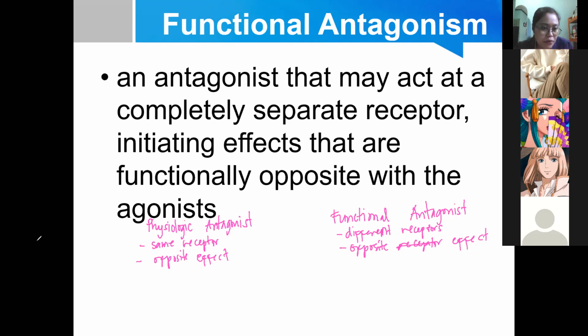Tagaan ta mog example. Unsay nagakos sa allergy class? Unsay substance sa body ang nagakos og allergy? Histamine. So, si histamine class, mo bind ni siya sa iyang receptor, syempre. Histamine receptor. And once si histamine mo bind sa iyang histamine receptor, mag-cause ni siya og allergy.